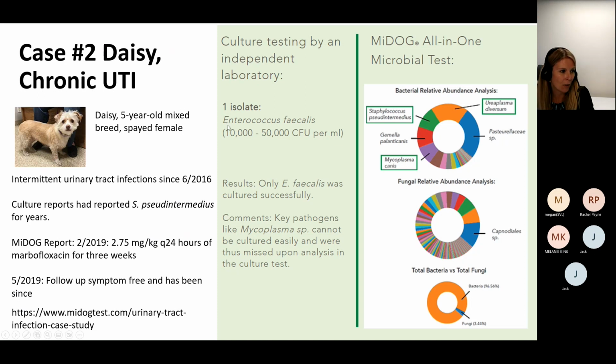And even though Enterococcus faecalis was detected in the culture isolate, we actually detected Enterococcus faecium, so a different species within the same genus. So again, it just shows the DNA doesn't lie. Culture and sensitivity relies on morphology of the cells, gram staining and things like that. But we use the actual DNA profile of those bacteria to reliably identify them down to the species level.